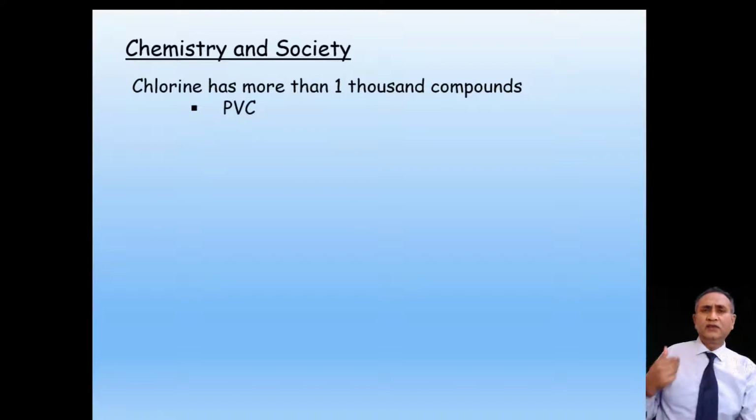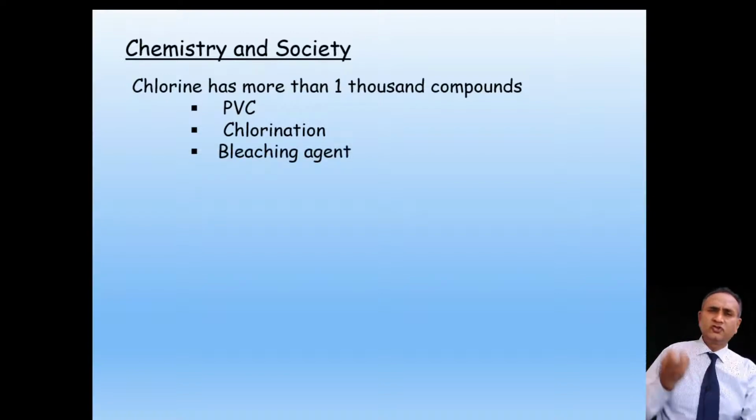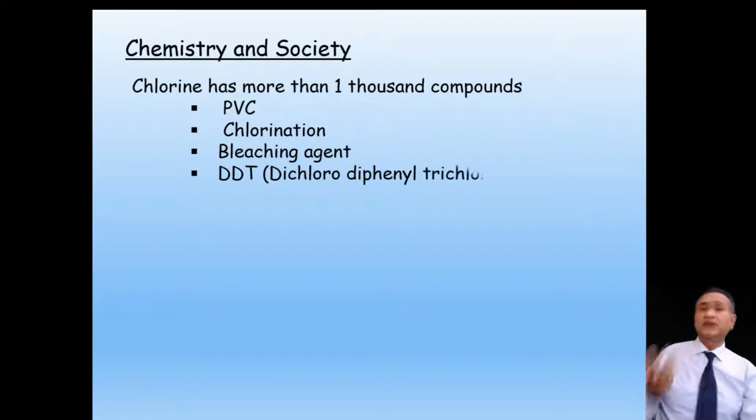Then we chose the book. In our book, chlorine is chosen as a sample. Chlorine has more than 1000 compounds, which are extensively used in our daily life.